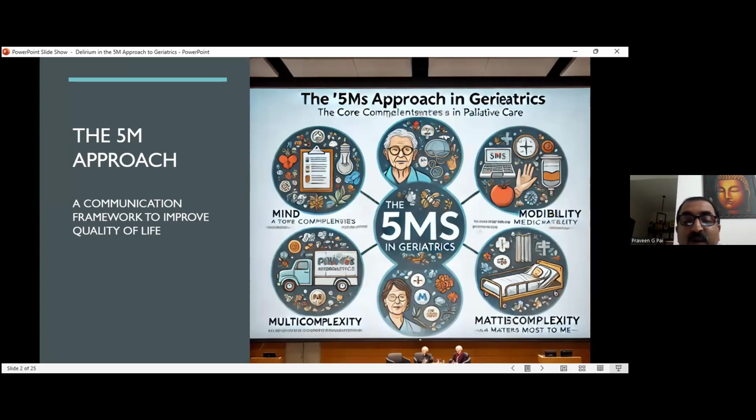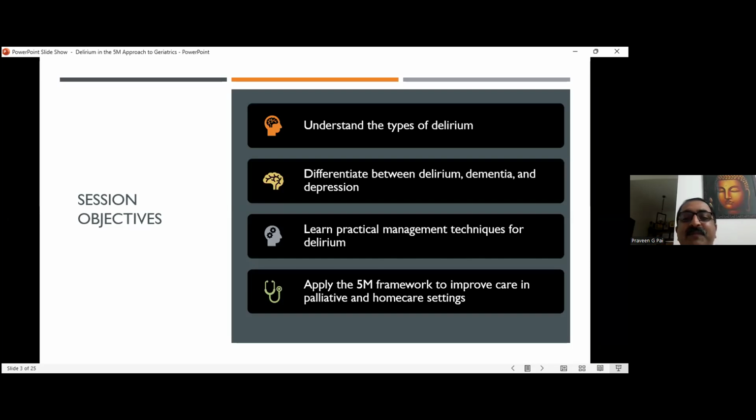It's a framework for quality of life, how we deliver quality palliative care. It includes mentation, mobility, multi-morbidity, it's not just one disease at all, and the most important, what matters most to me. So these are the 5 M's.